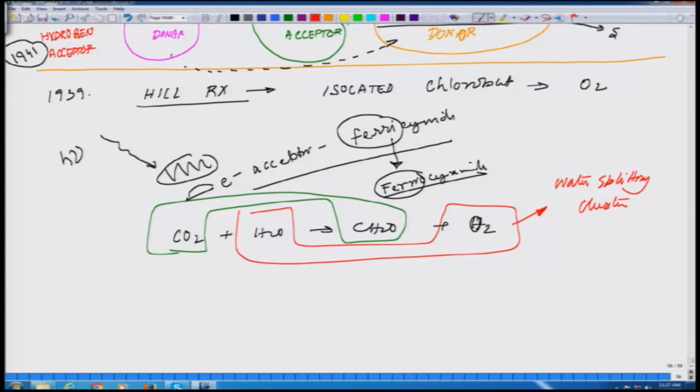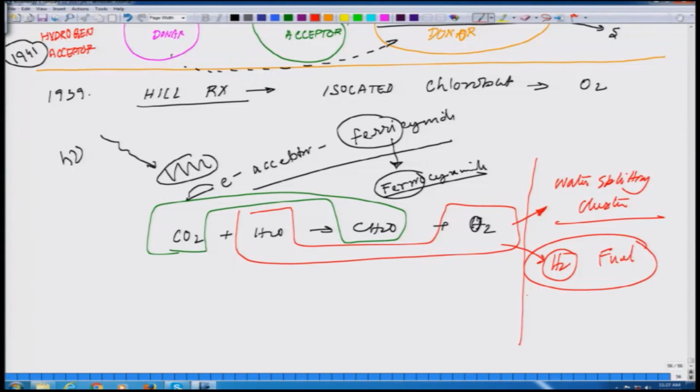They are developing different kinds of water splitting clusters where they are trying to generate hydrogen as fuel, and we will talk later about some of the work done in India as well as abroad by different people on the artificial leaf.